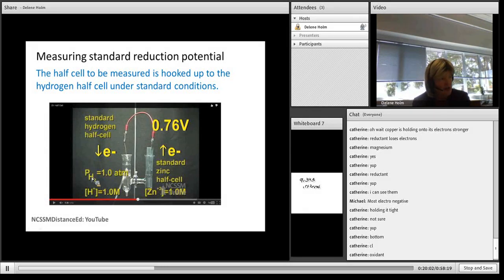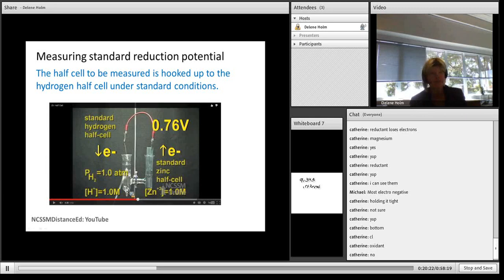So if we add hydrogen gas through here and it goes to the hydrogen ions, is the hydrogen gas being reduced? Is it gaining electrons? No.